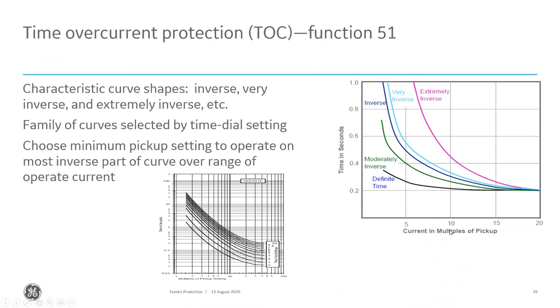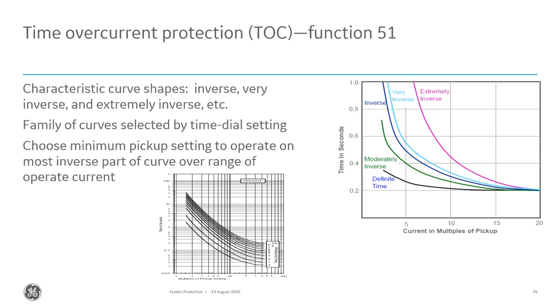There are various different types of curves: inverse, very inverse, extremely inverse, definite time, moderately inverse. Which curve you want to use will depend on the application. The extremely inverse one is for when, at low levels of fault current, you want to wait a longer period of time before you trip, but at the same time, you don't want to compromise tripping for higher levels of fault current.